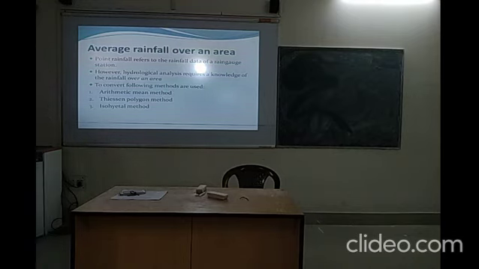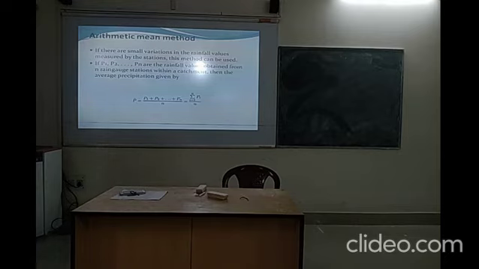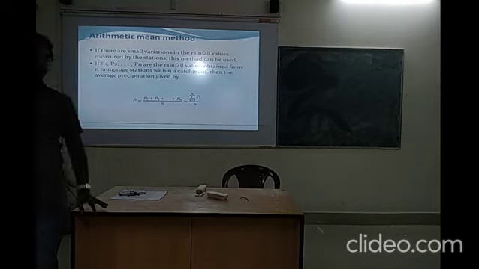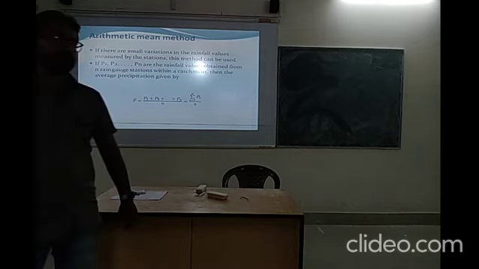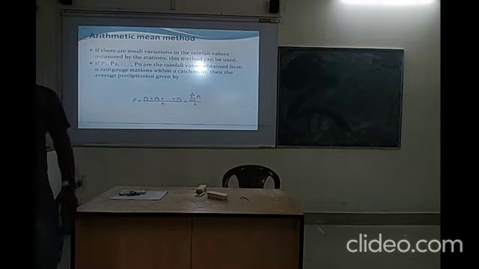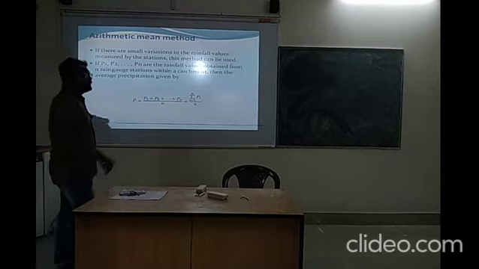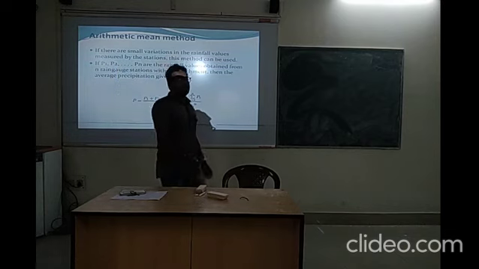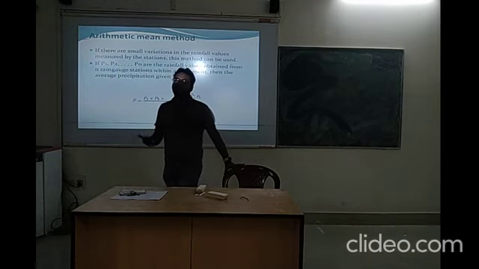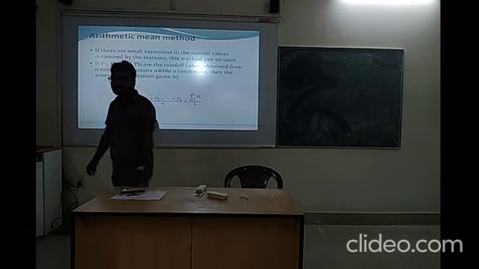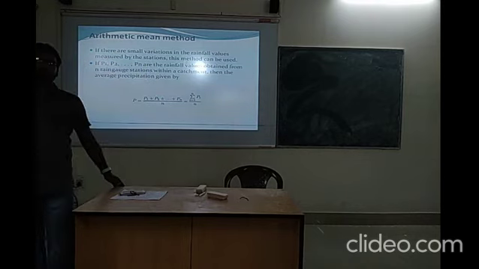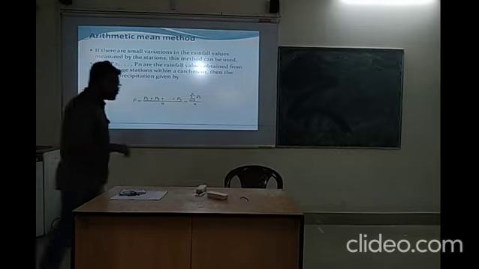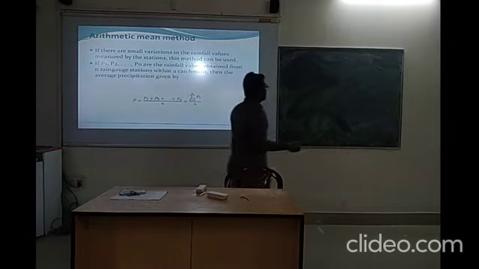First of all, the arithmetic mean method is a simple one. Suppose you have n number of stations in your catchment area, and with respect to those n stations you will get n sets of data for a particular day, month or year. The precipitation at the several stations is P1, P2 up to Pn.